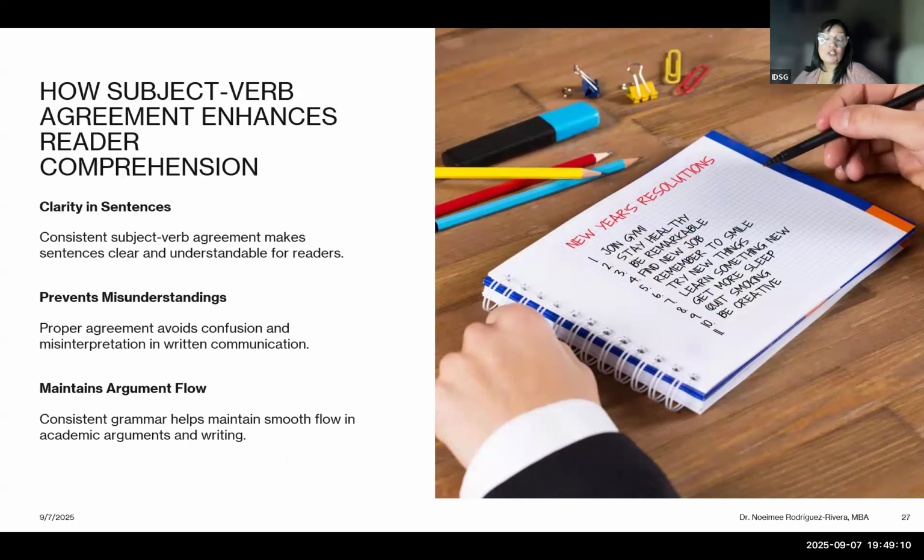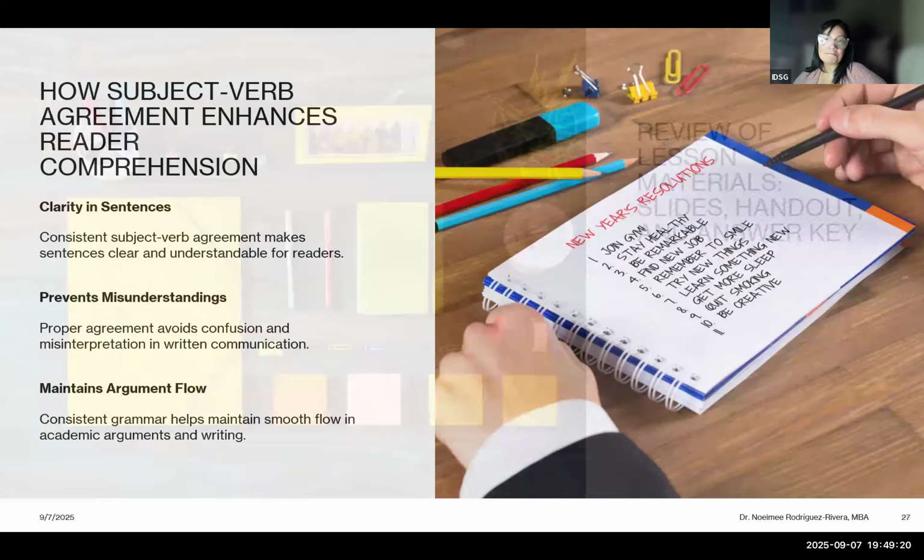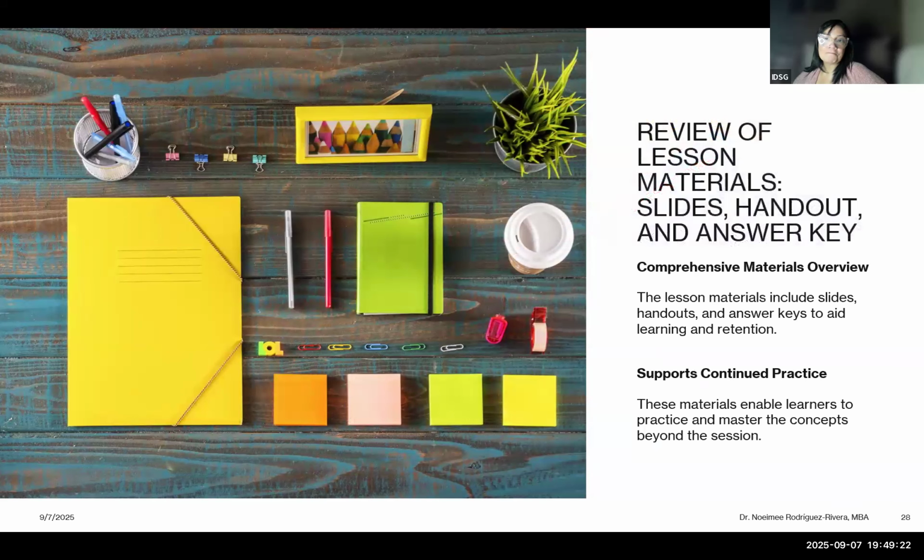Consistent agreement ensures sentences are clear and easy to follow, preventing misunderstandings and maintaining the flow of academic arguments. A summary of all materials provided, including slides, handouts, and answer keys, supports continued practice and mastery beyond this session and will be posted with this video on our class forum.